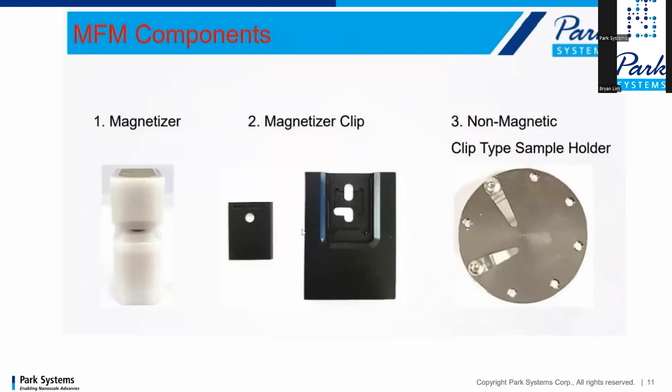Number two is a clip where you put in your tip and you can orientate the polarity of the magnetization of the tip. And the third is the non-magnetic clip type sample holder. This is to eliminate some other magnetic force of the magnetic sample holder, so we change to this non-magnetic clip type sample holder.